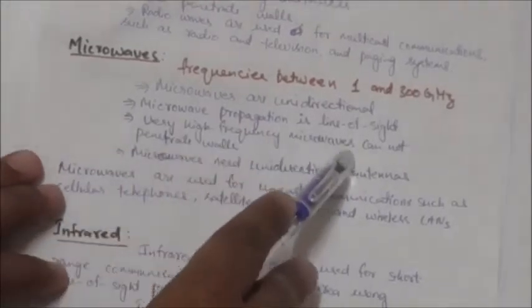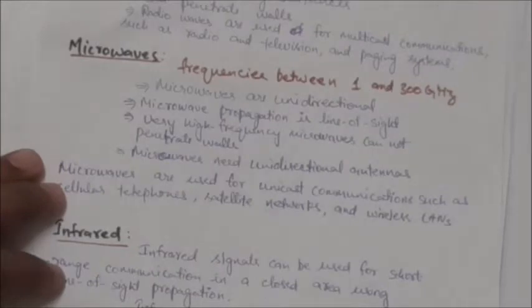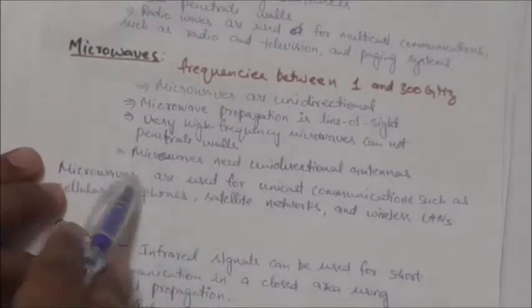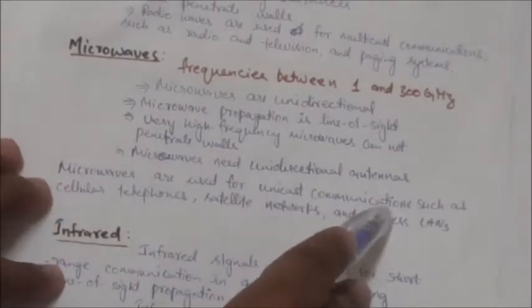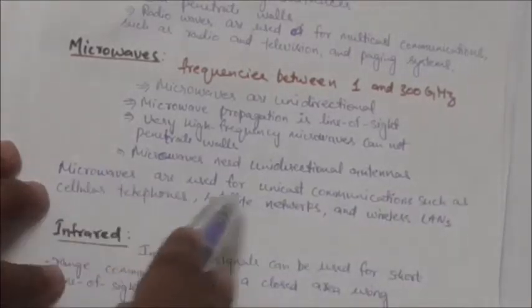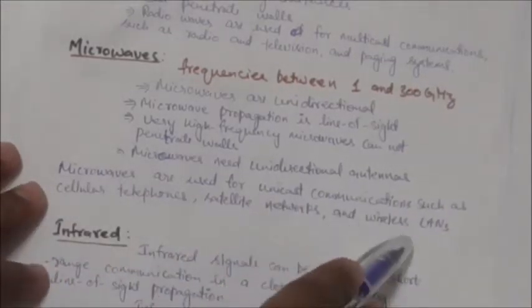Very high frequency microwaves cannot penetrate walls, right? And what happens? Microwaves are used for unicast communications such as cellular telephones, satellite networks, and wireless lines.